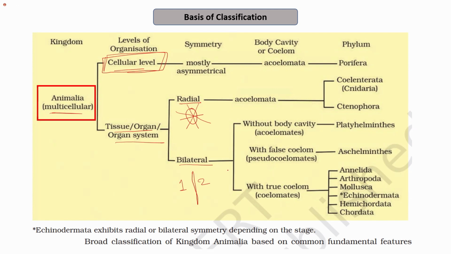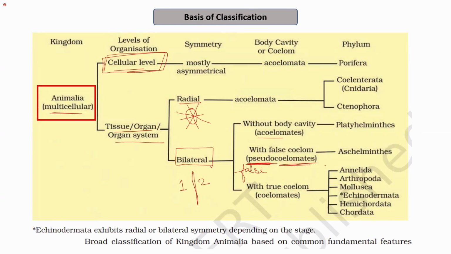In today's lecture, we will learn about the organisms that have bilateral symmetry, that are acoelomates or that belong to the category of pseudocoelomates. Pseudo means false. The word pseudo is always related to false. So they have a false cavity, that is, they do not have a true coelom.